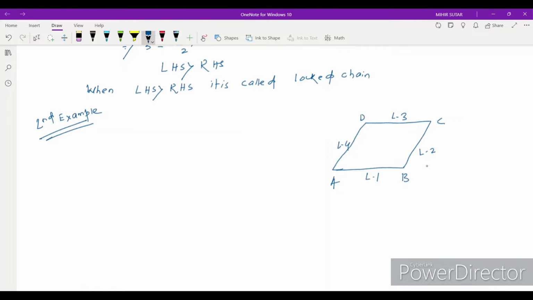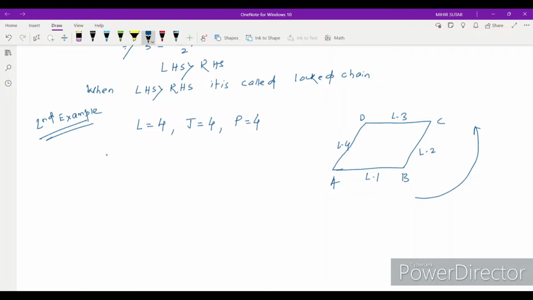The naming sequence should always be followed. Let's say I'm following counterclockwise. I'm always going in the counterclockwise direction, that you should follow. So here we have the number of links L or N equal to 4. Number of joints, you can see A, B, C, D, so 4. So the number of pairs is equal to 4.